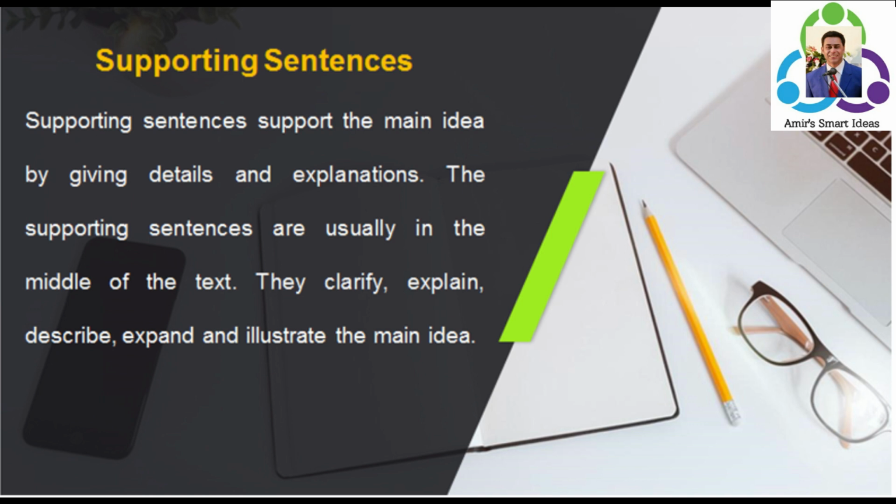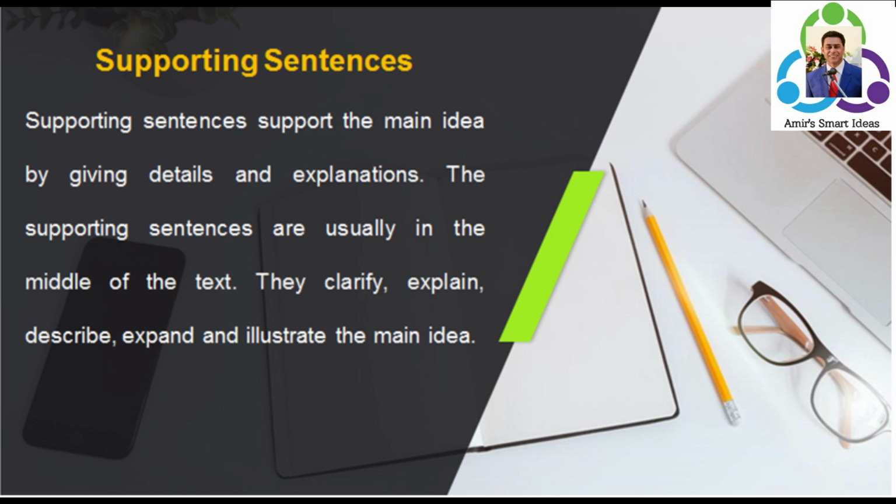The supporting sentences are usually in the middle of the text. So they are basically the body of the text, because before the supporting sentences there is going to be the topic sentence, and after the supporting sentences there is going to be the conclusion statement or the concluding sentence.